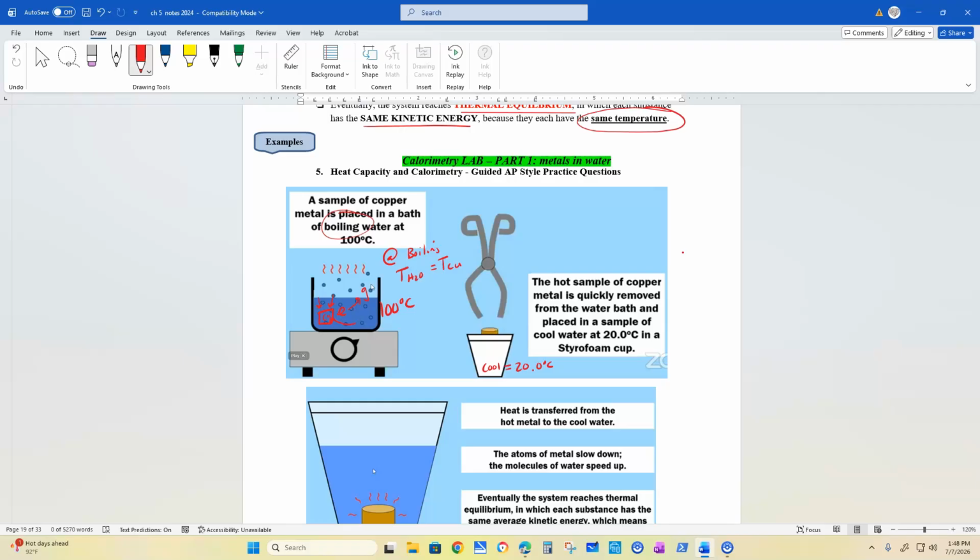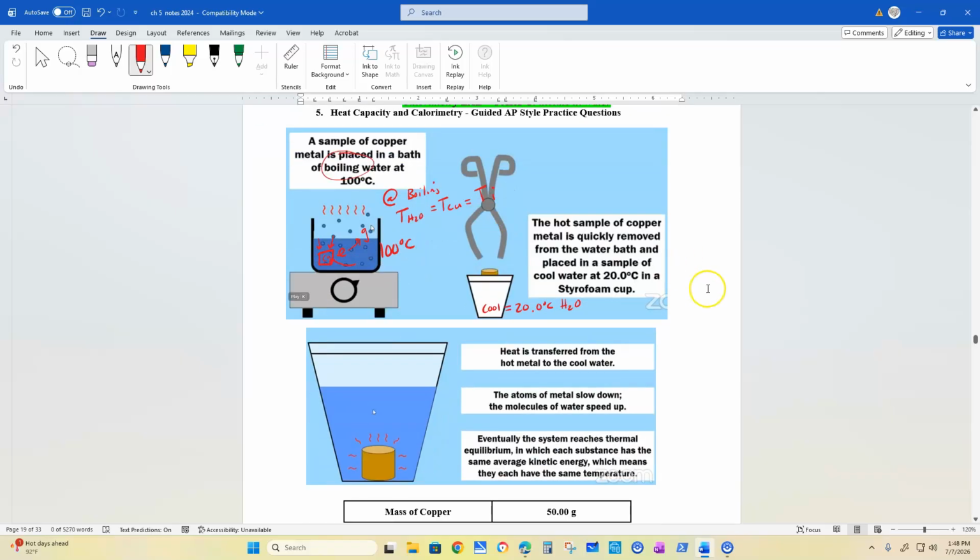So if both of them are at 100 degrees Celsius, that means initially T initial is 100 degrees. And then I put in the piece of metal, and the water was 20 degrees.